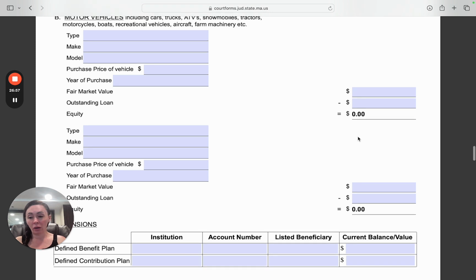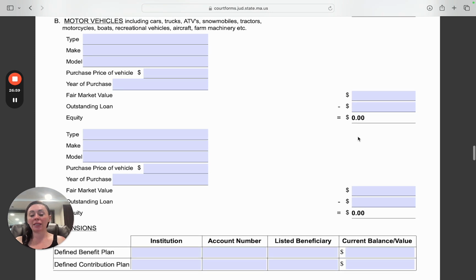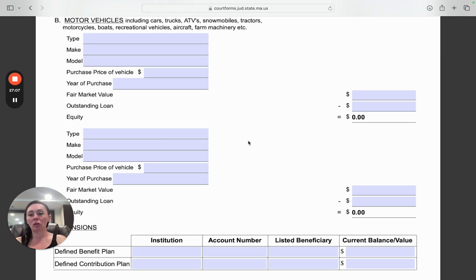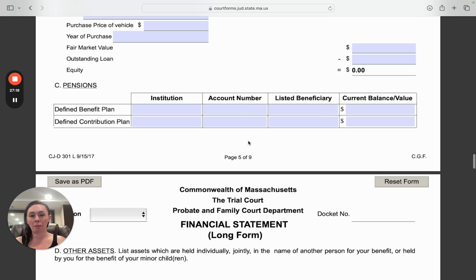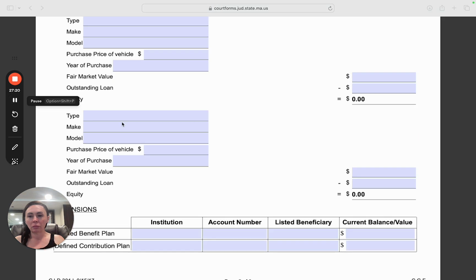If you have more than 2, you're going to need to list it out on a separate sheet of paper using this same format. Type, make, model, the purchase price, year of purchase, and the fair market value, and the amount of any loan that might be associated with the motor vehicle. And again, if it's 0, that's fine. Write 0.